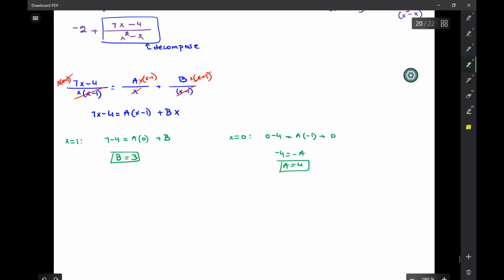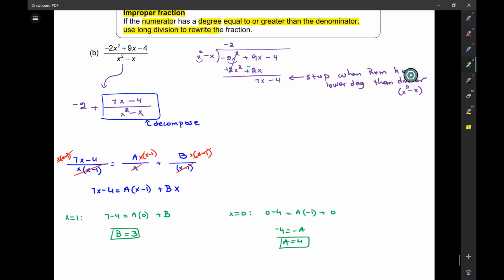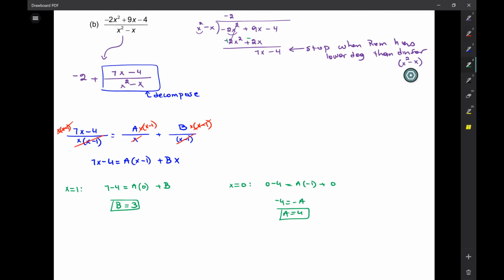Now, when I'm going to put it all back, you've got to bring back the -2. So this will be -2 plus 4 over x, plus 3 over x minus 1.